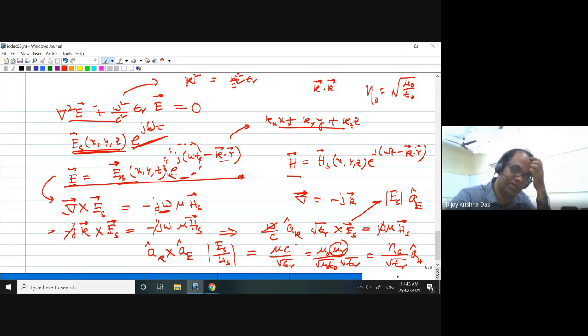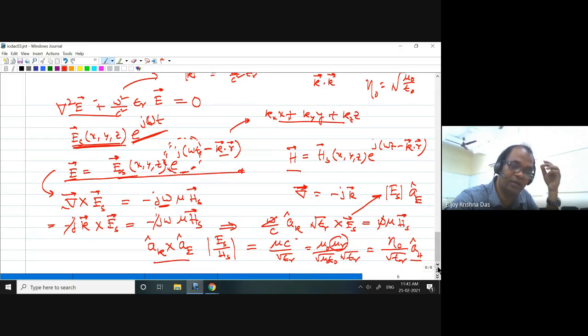Another way you can say is that in free space they are all mutually perpendicular to each other: electric field, magnetic field, and the propagation vector or wave vector, we sometimes call it the unit vector. And they are perpendicular. If they are unit vectors, this one is the unit vector cross product, and this is a unit vector.